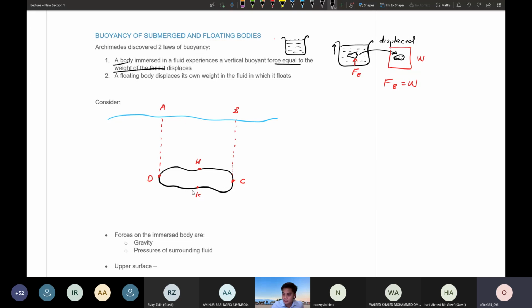Okay, let's say we have the force upward, Fz, and we also have the force from here, Fz prime. Do we have any other forces? Weight. We have weight acting on the centroid.